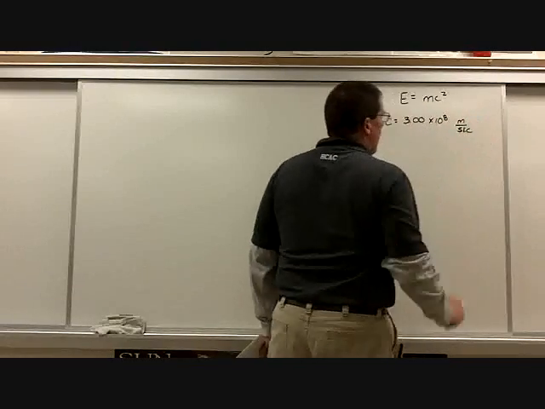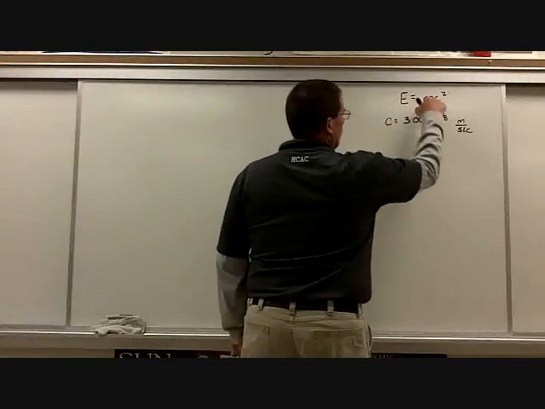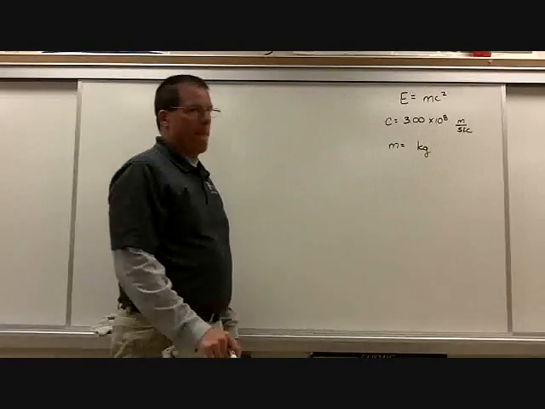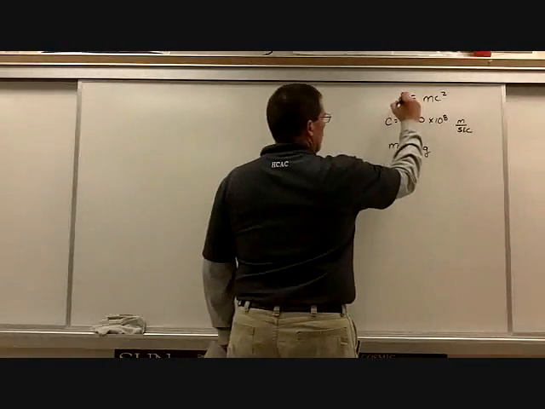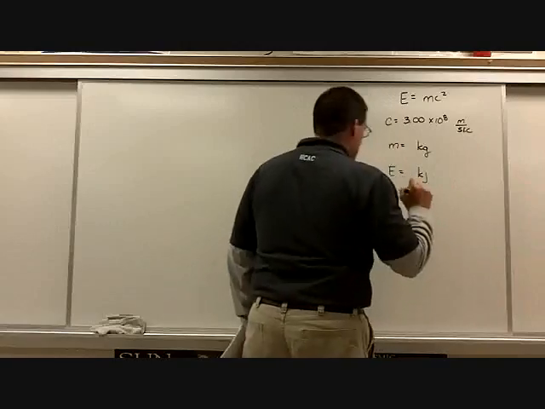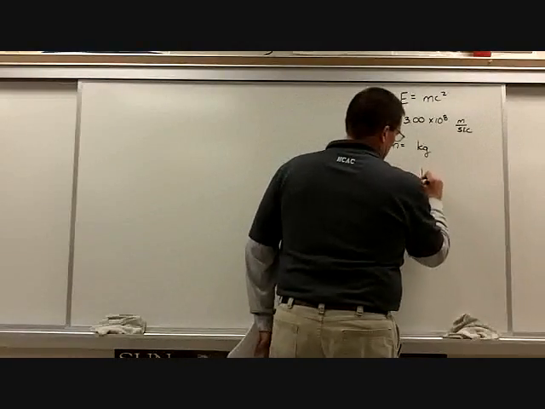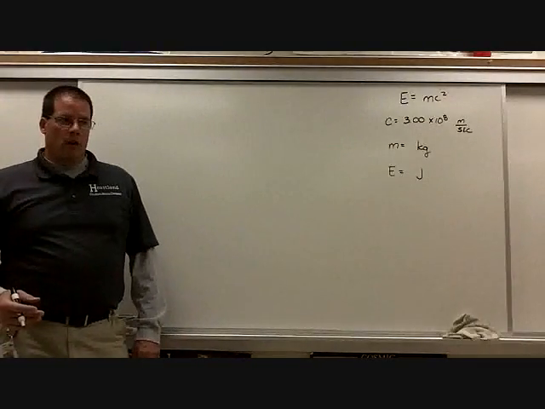Now, the mass that we're looking for in this case will always be in kilograms. The energy that we're going to be looking at will be in joules, not kilojoules. But we could convert it to kilojoules if we needed to.